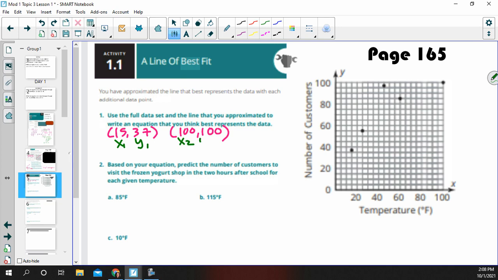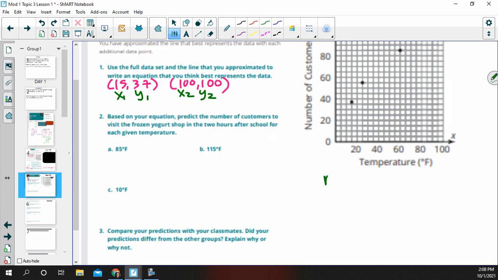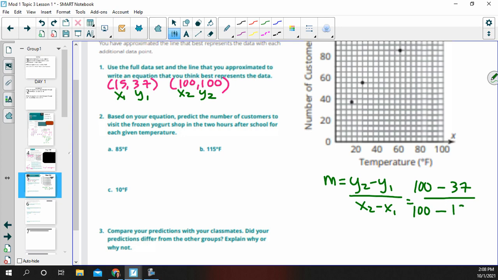X1, Y1, X2, Y2. I'm going to do my work on the side here because I have no space. So my Y2 is 100. My Y1 is 37. X2 is 100 and X1 is 15.